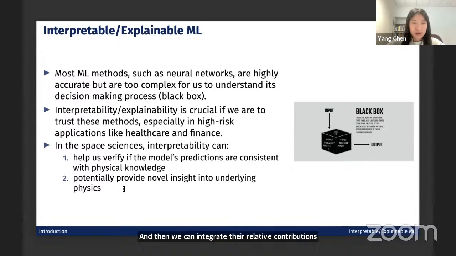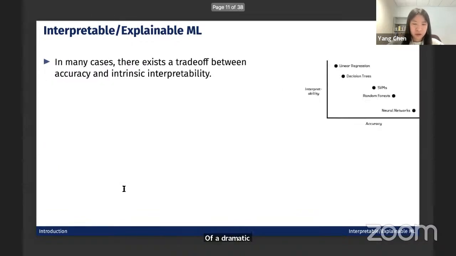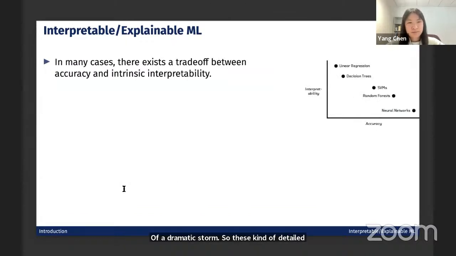These relative contributions can potentially provide really novel insight into the underlying physics about what is driving, for example in a geomagnetic storm, the decay phase or the recovery phase. So this kind of detailed information can do a lot of favor for us.